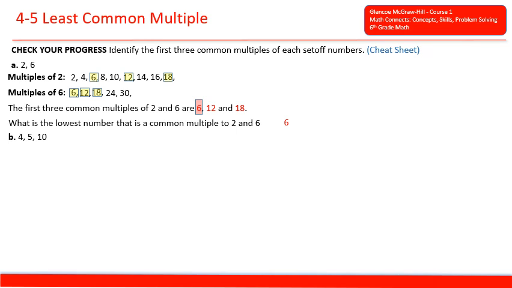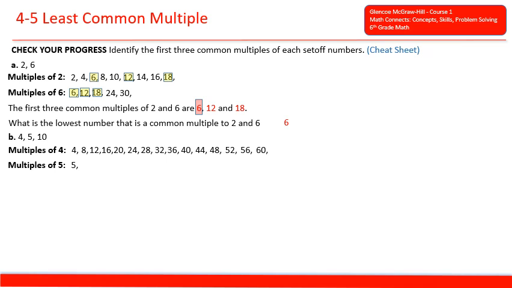So let's look for the least common multiple of 4, 5, and 10. The first thing we'll do is identify the first three common multiples of all three of those numbers. Multiples of 4: 4, 8, 12, 16, 20, 24, 28, 32, 36, 40, 44, 48, 52, 56, 60.